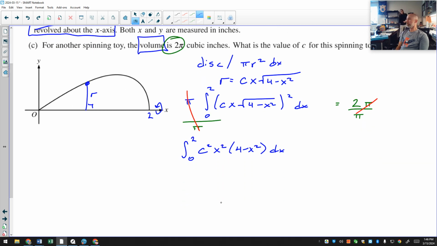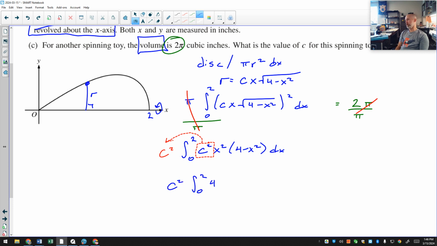And then I'm going to grab this c because c is an unknown constant, and get that out of the way because it's kind of scaring me. I would rather it be gone. Now, I can't get rid of it completely because we have to solve for it. And then what can I do? Keep distributing.